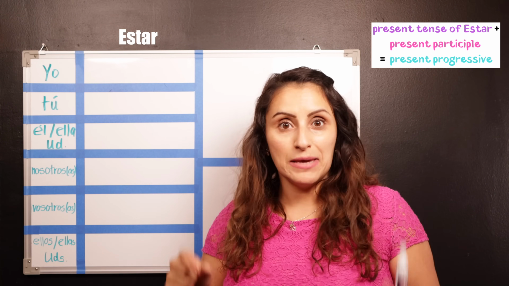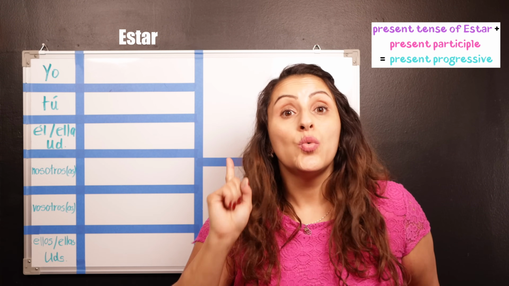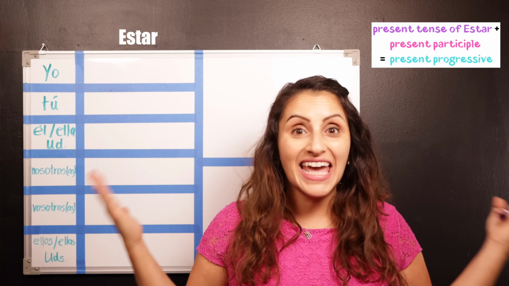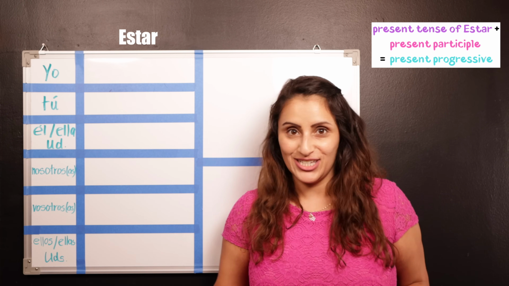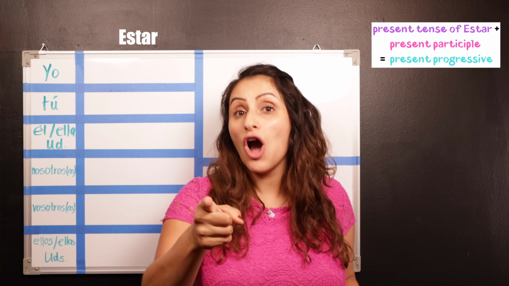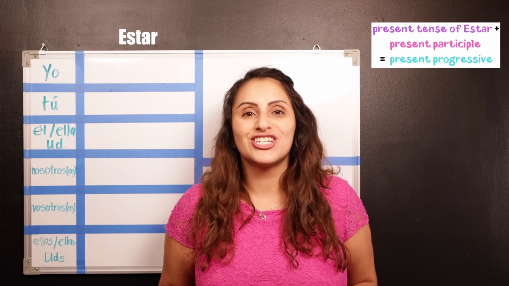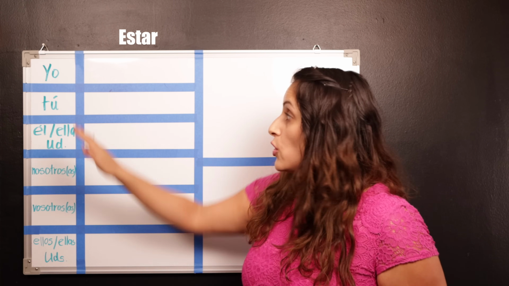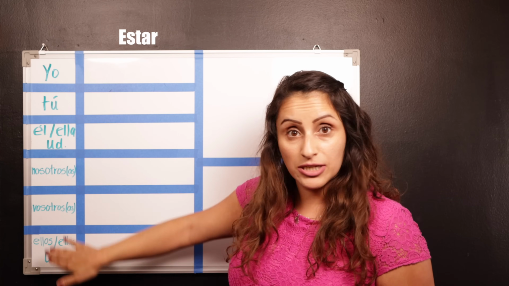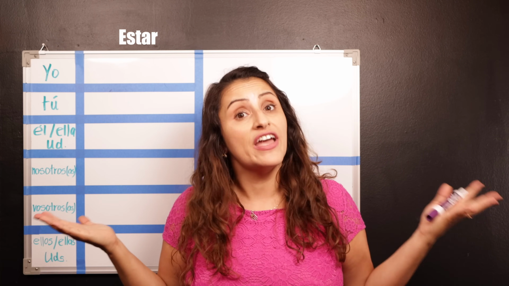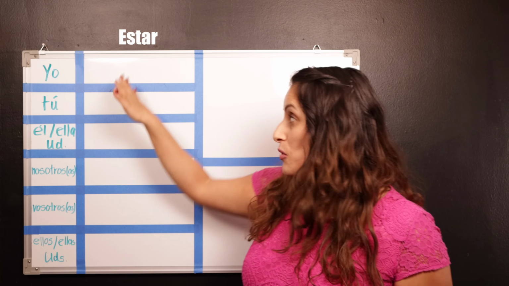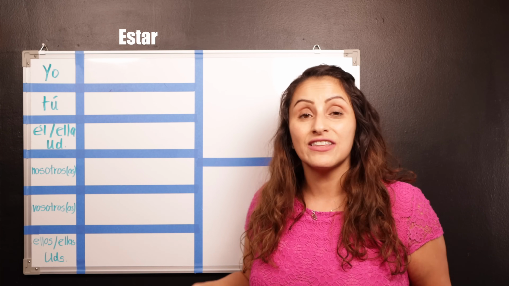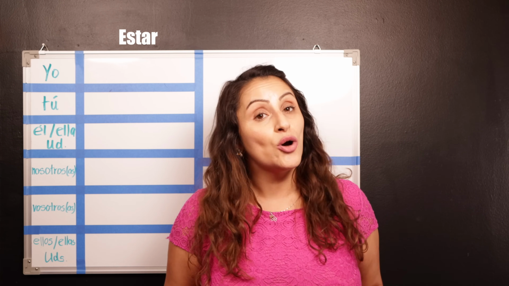Okay, amigos, so keeping in mind our formula, we have to review the verb estar, which means to be, to be able to say things such as I am, you are, he is, she is, and so forth. So you already know the subject pronouns. That is something you should be very comfortable with. And what I'm going to do is review the conjugations of the verb estar, which you should already know.